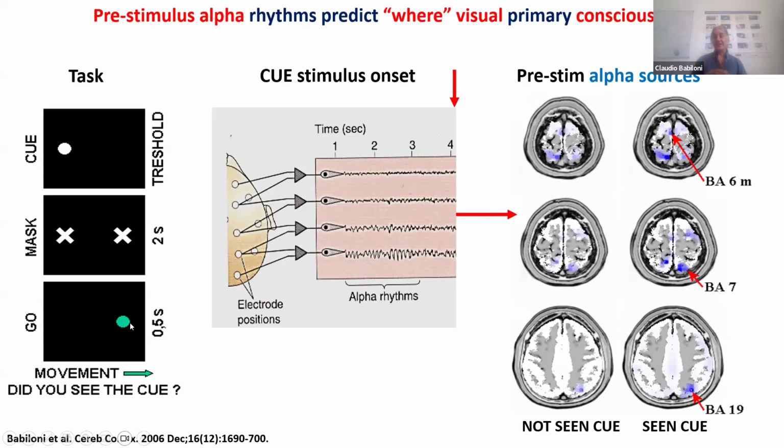The Posner task allowed us to verify that the participants, sorry, they were healthy subjects, were paying attention to the task, because we could replicate the typical case in which, when the go stimulus is on the same side of the cue, the participant is faster in the reaction time.